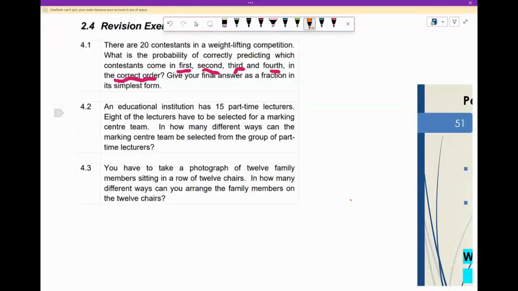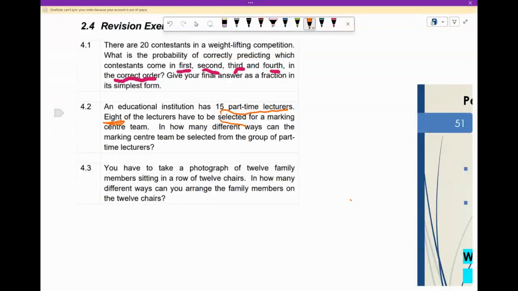Let's move on to the next question. An education institution has 15 part-time lecturers. 8 of the lecturers have been selected for a marking center team.